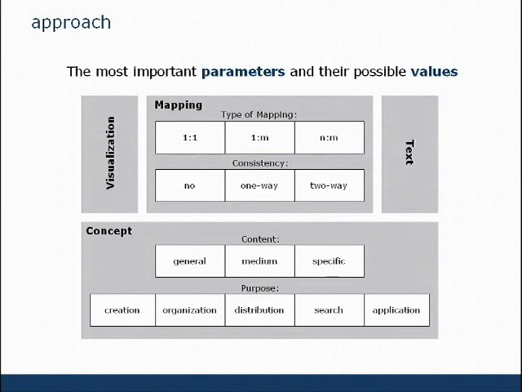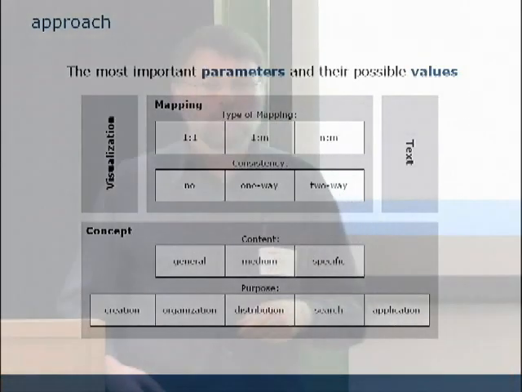And then, as I mentioned earlier, there's the purpose for which you're doing this. Are you trying to create knowledge, organise it, distribute it, search for it, or apply it, or some combination of those sorts of things? So having come up with that sort of formalism, what we were interested in doing was exploring various combinations of those parameters to see how useful they might be in practice.